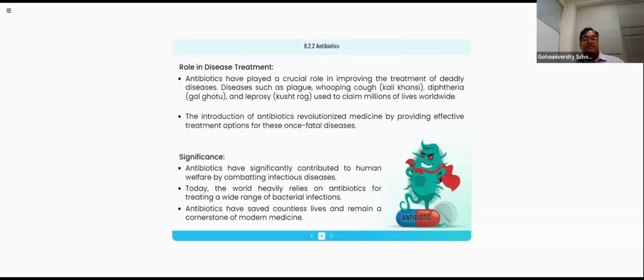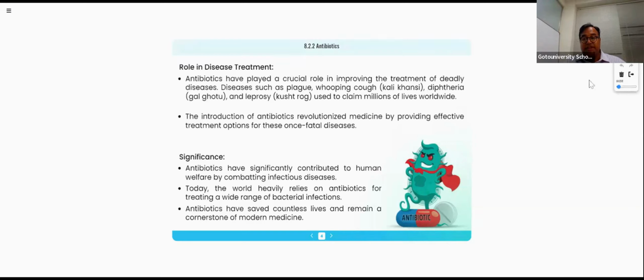In the case of North India, we will say Gal Gotu. These are the different types of diseases. Here we can control them by using antibiotics. Antibiotics of various quality and quantity are available in the market with different preservative agents.